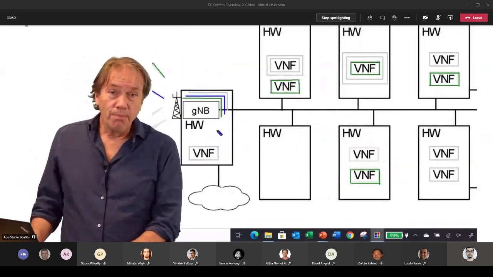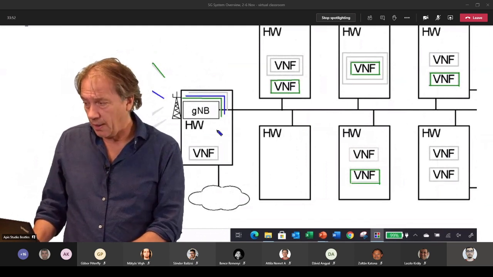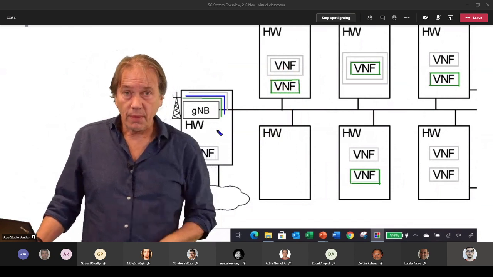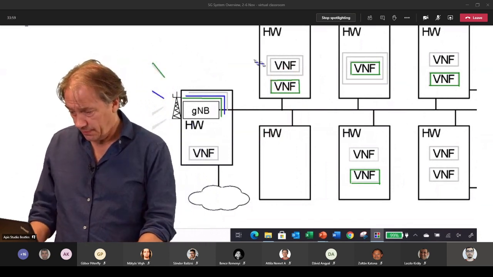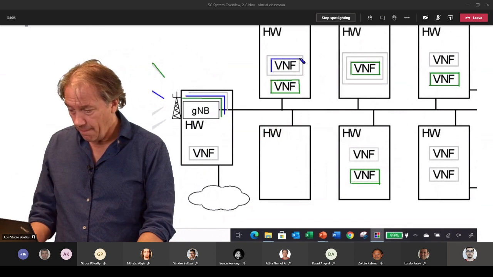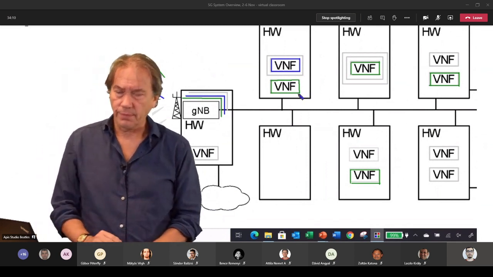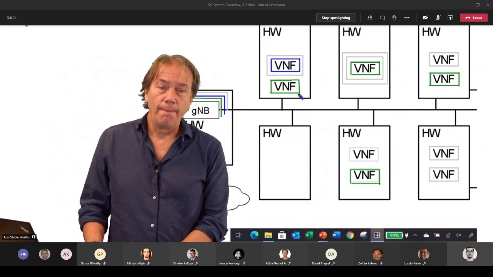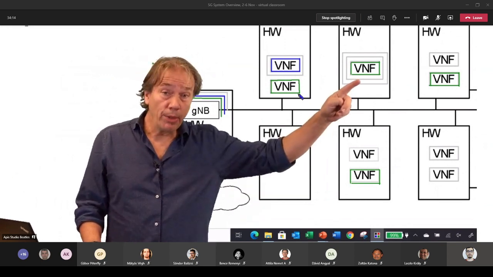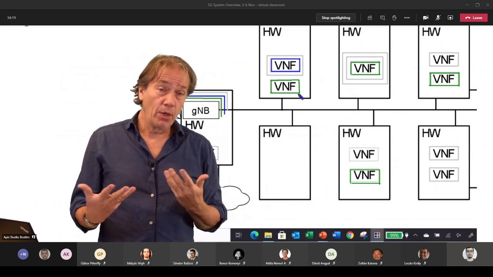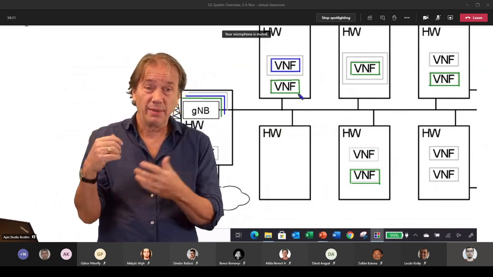We need to have some blue VNFs, and this one will be blue. This one will be blue. So the same VNF can belong to multiple slices.